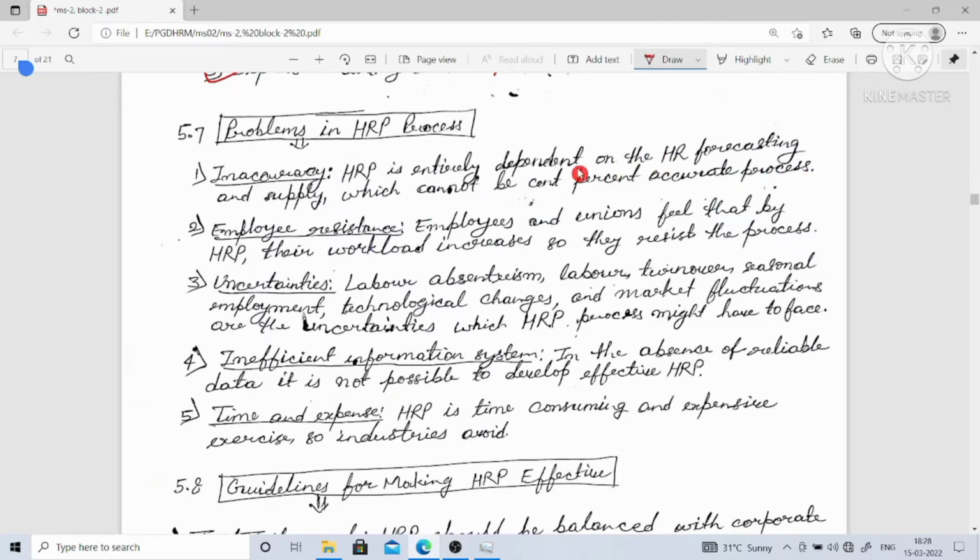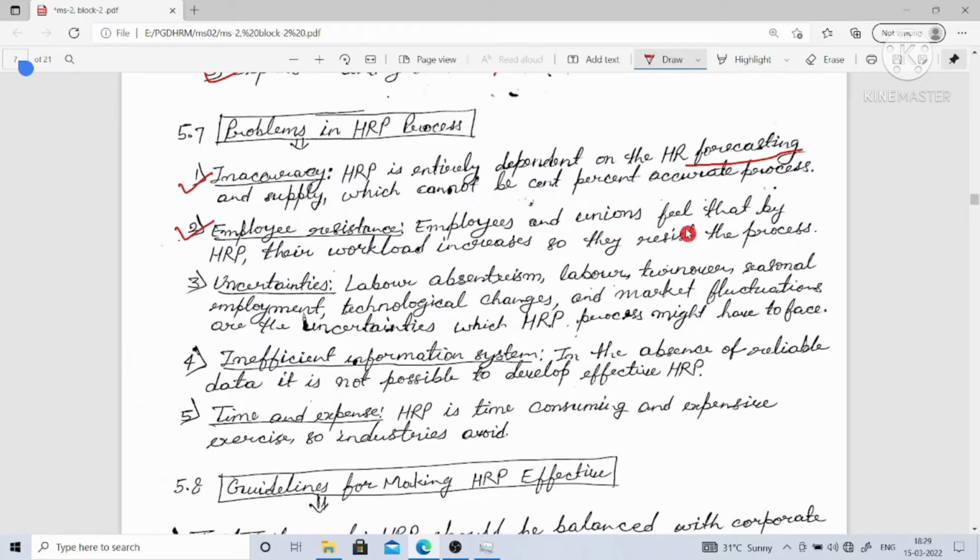It means calculating the number of people required in the future and the supply of people in the future, which cannot be found out exactly. So that is inaccuracy.